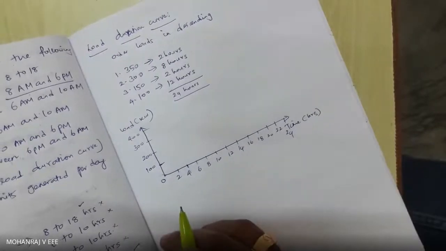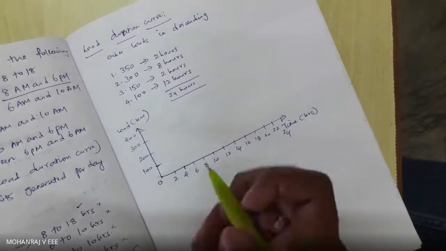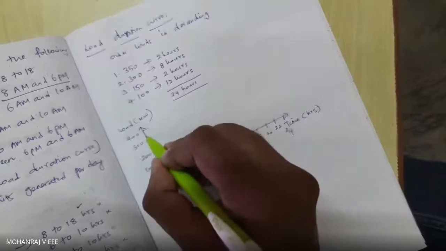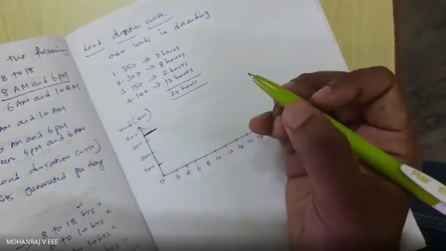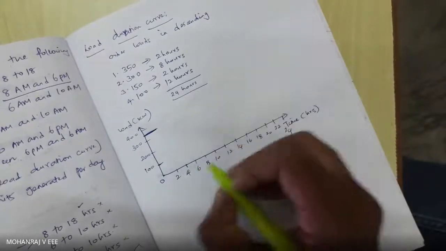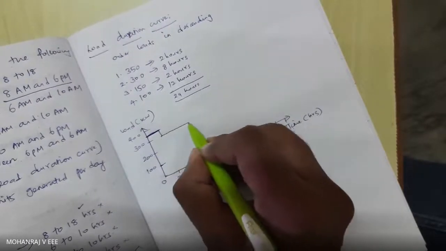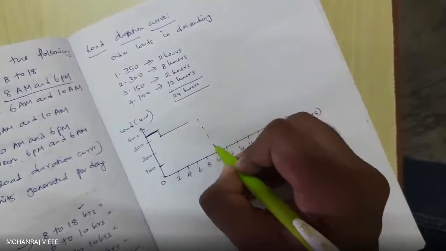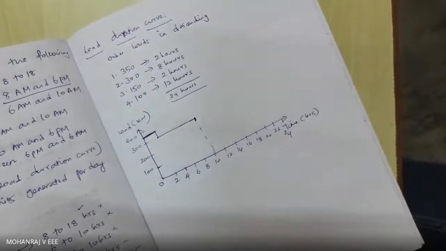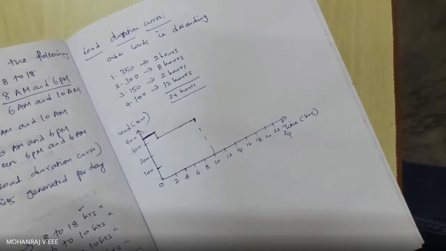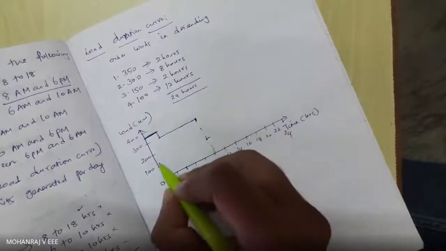Okay. Now, 350 for the first 2 hours. Then 300 for 8 hours, till 10. Then 150 for 2 hours, I will have my 150 here.